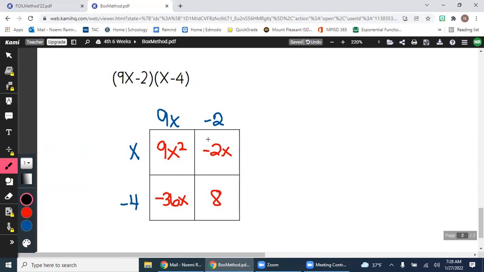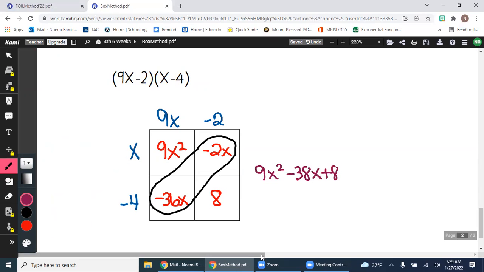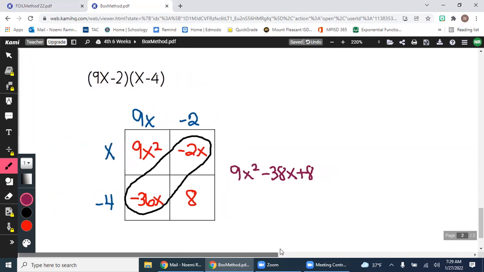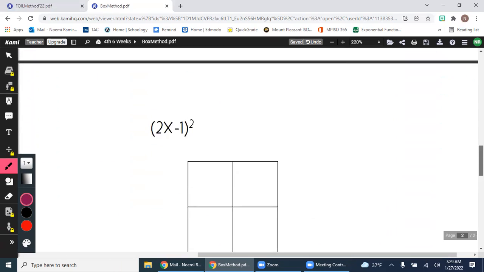Okay, make sure you're checking those positives and negatives. We combine the middle two, so for our final answer, 9x squared, -36 minus 2, -38x, plus 8. All right, next.